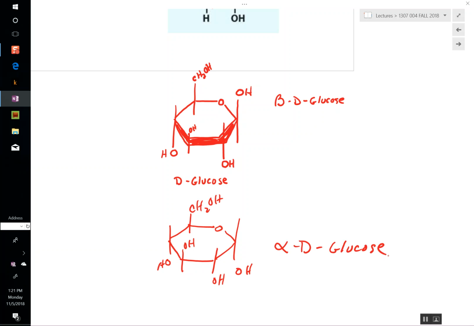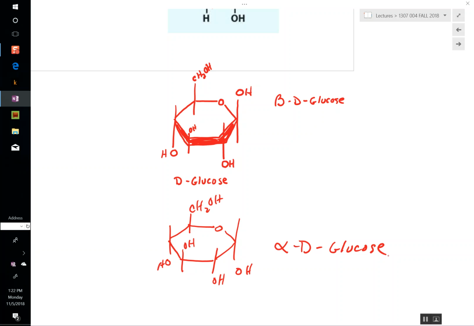And so ordinarily when I would draw it, I wouldn't necessarily have to blacken all that in, but you always have to have your oxygen up here. You always have to have your CH2OH up here. And with that arrangement, then you start talking about where these OHs are. Below, below, above, below.